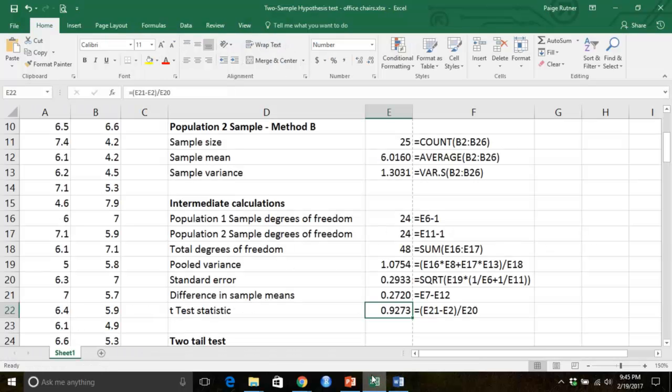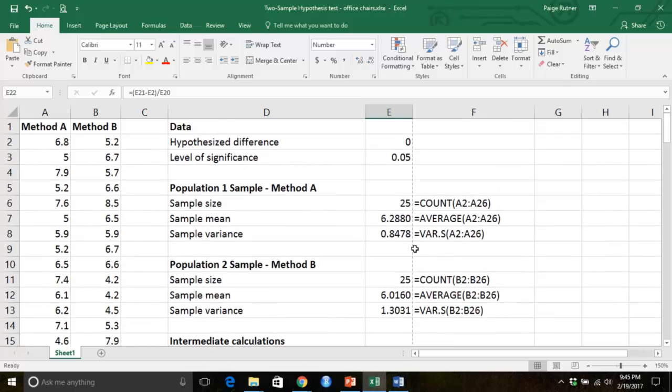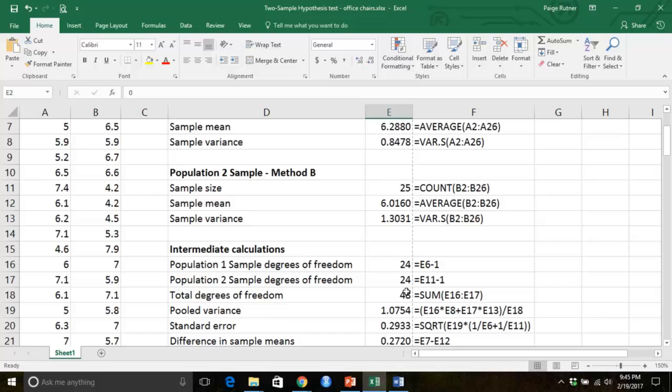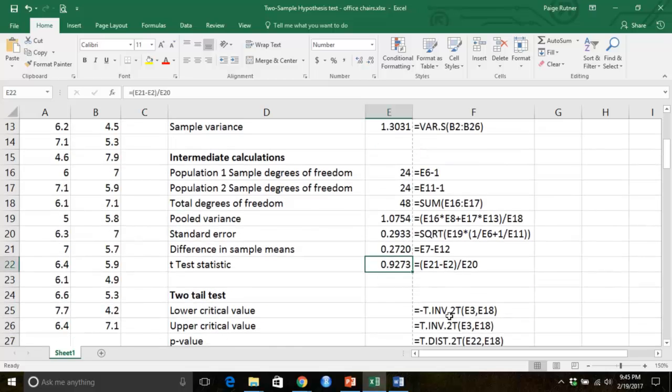The other reason is if I were to run into a situation where I'm hypothesizing a difference other than 0, then I know I have a formula that's going to work if I were to plug in a different value here. So I like to leave it in. It doesn't make my formula that much more complicated. So there is my test statistic.